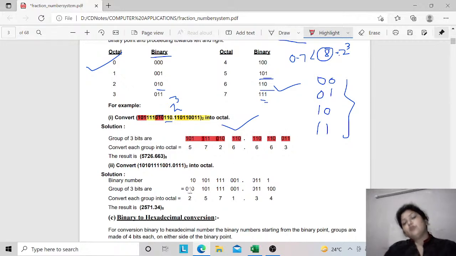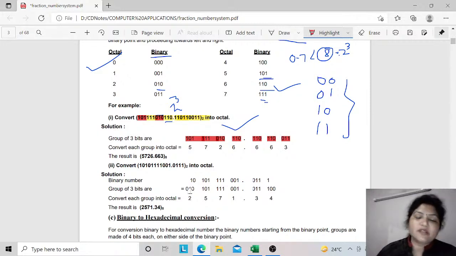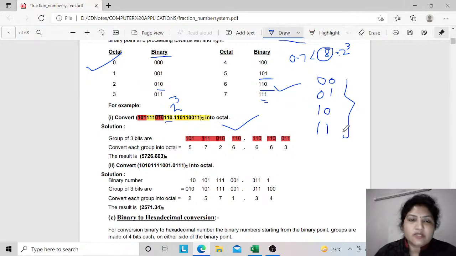Right, so you have basically converted each bit into 3 groups. Okay, so let us see how it works. Now we know the binary representation for these numbers. 101 over here, we can see that it is 5, so we directly put it as 5.